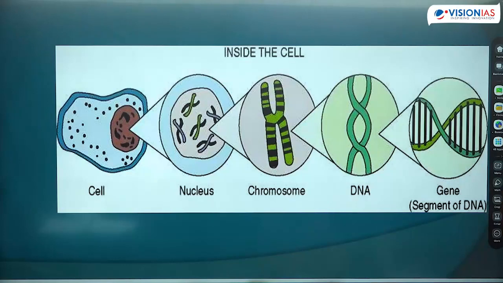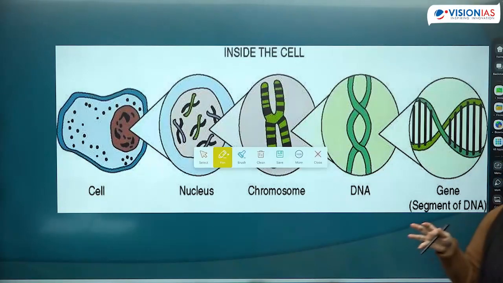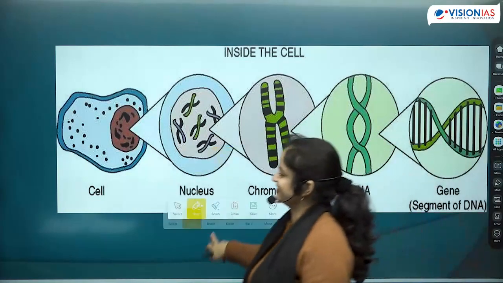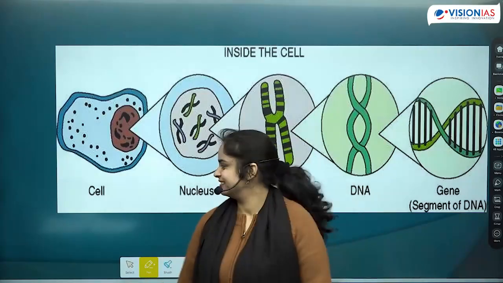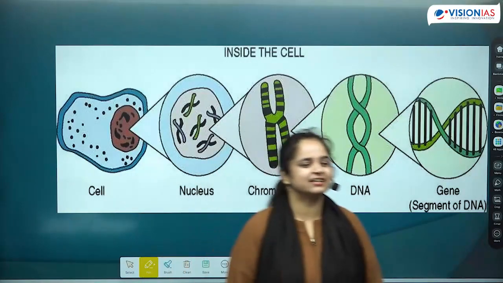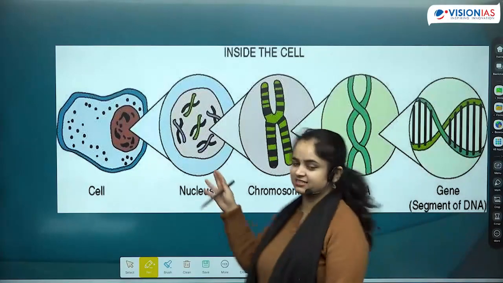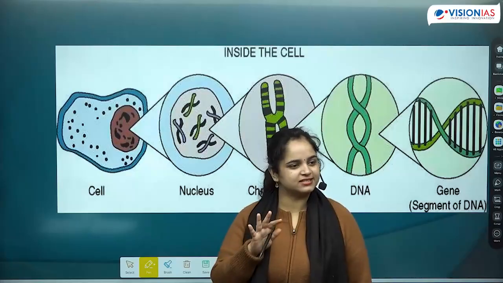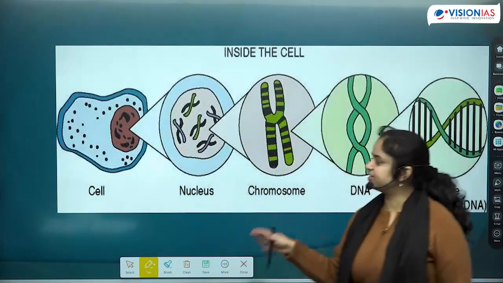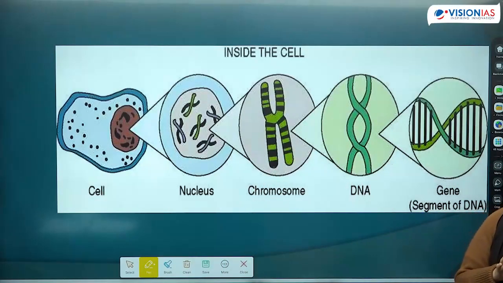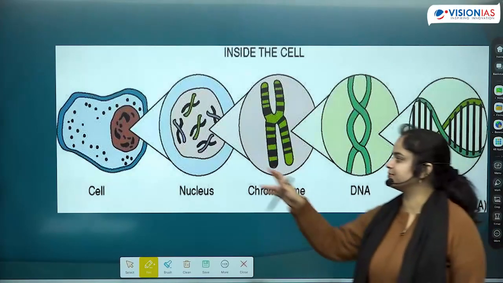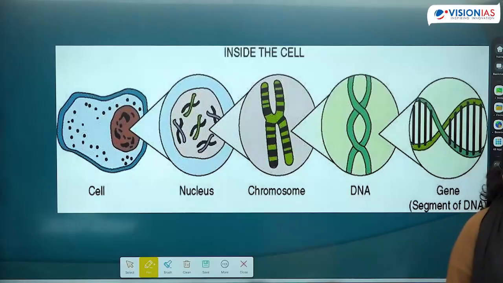We studied that 1 million years ago. So when we studied about the cell, we said the cell has a nucleus. Every cell has a nucleus, and the nucleus is the location for the genetic material. All the genetic material of the cell is present within the nucleus.